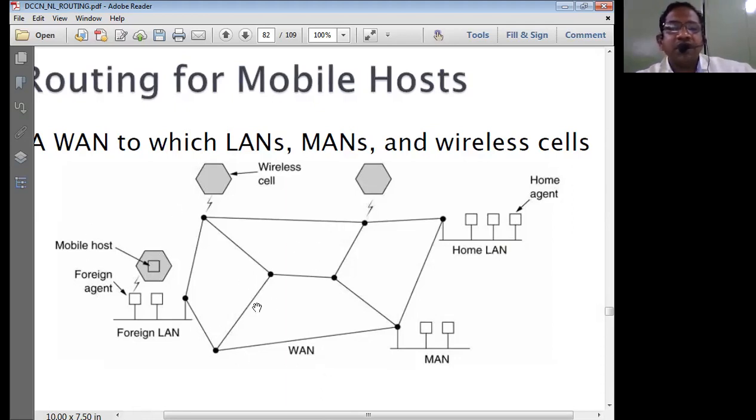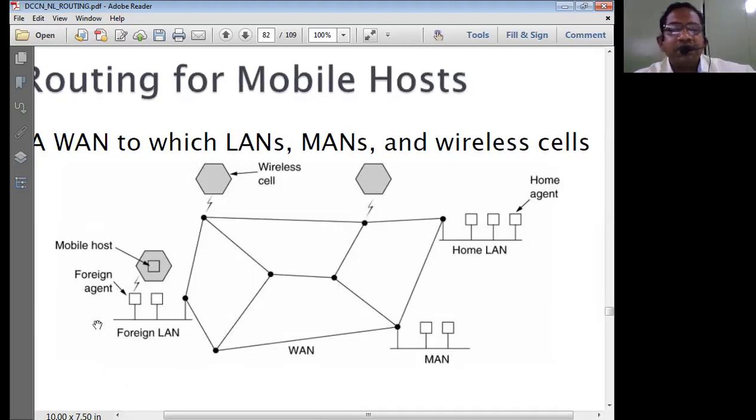Now, if you observe this carefully, a graph is formed which is an interconnection of various routers. All these nodes, shown by solid circles, are the routers. Several routers are connected in a WAN, and this WAN is connected to MANs, local LAN networks, and foreign LAN networks.